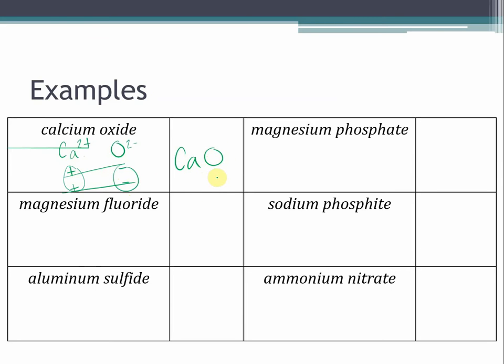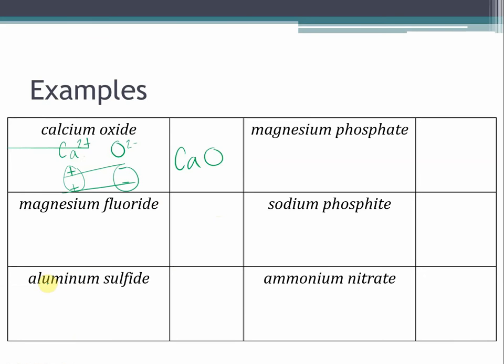You could, if you were so inclined, put a 1 here and a 1 here. That's not wrong, it's just already implied. If you do not see a number following an element, the implication is that there is one of that element. So Ca1O1 is fine, but CaO is a little faster to write and a little more succinct.